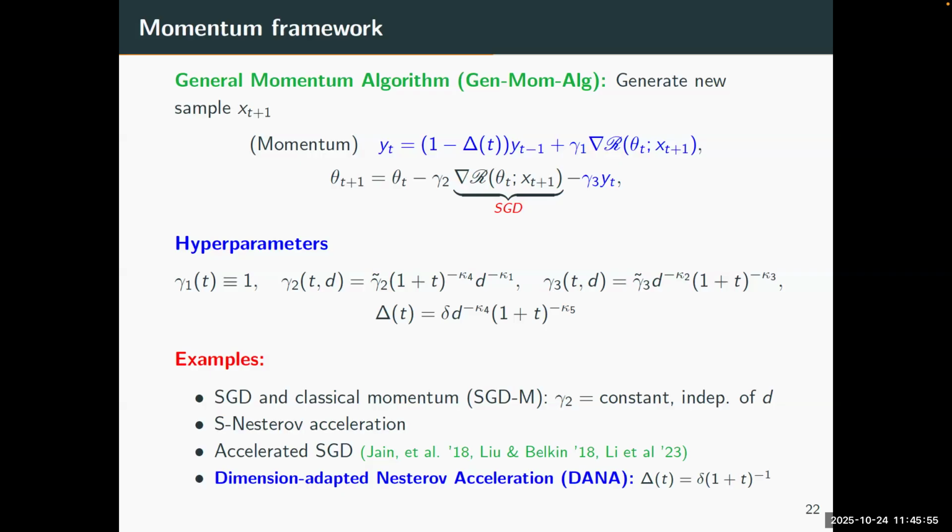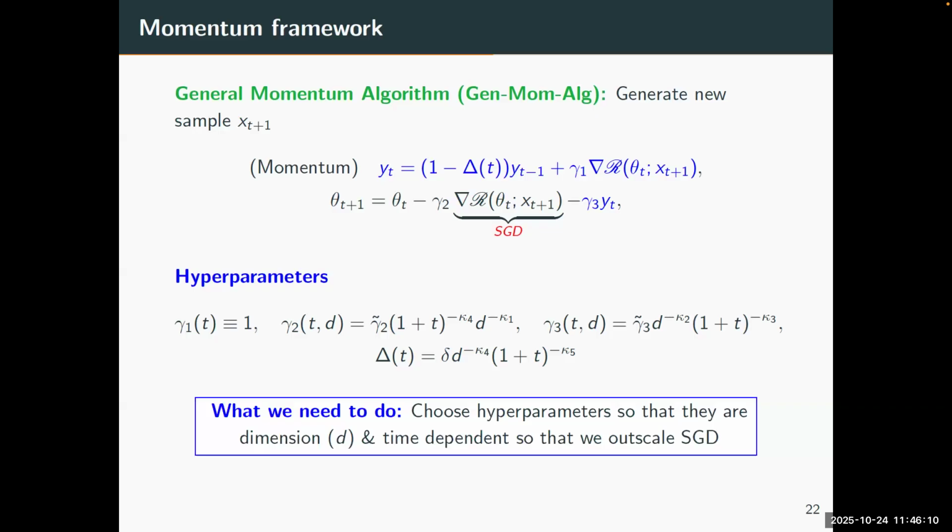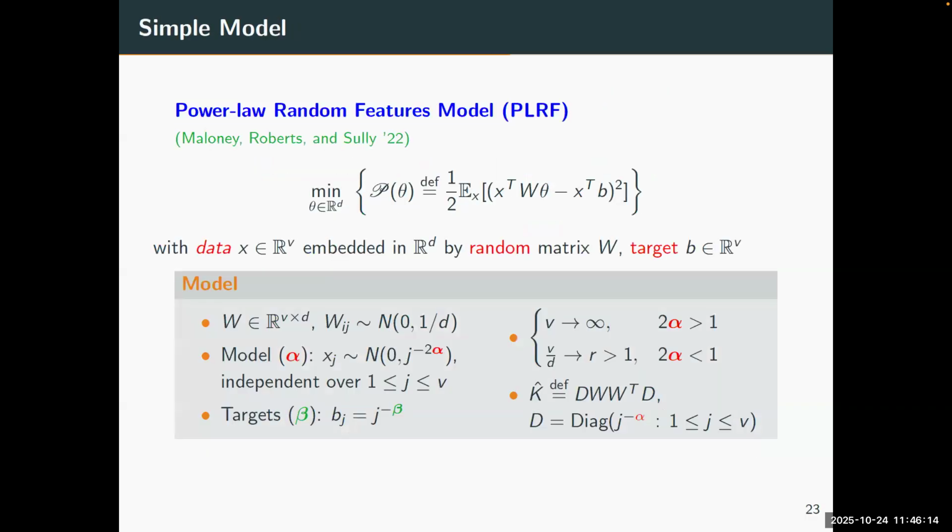This covers a lot of momentum-style methods. It doesn't cover Adam, but you can imagine some things about Adam. The hope is that we could eventually do Adam and understand what's going on. Our goal here is, can we choose these hyperparameters? I'm going to look at the same model as before. Nothing changed.